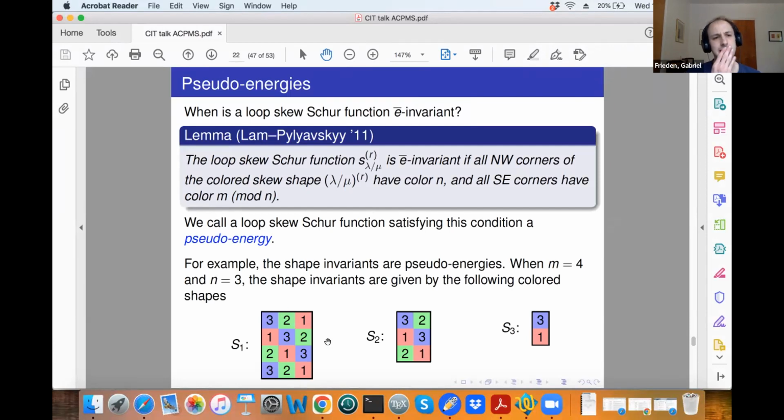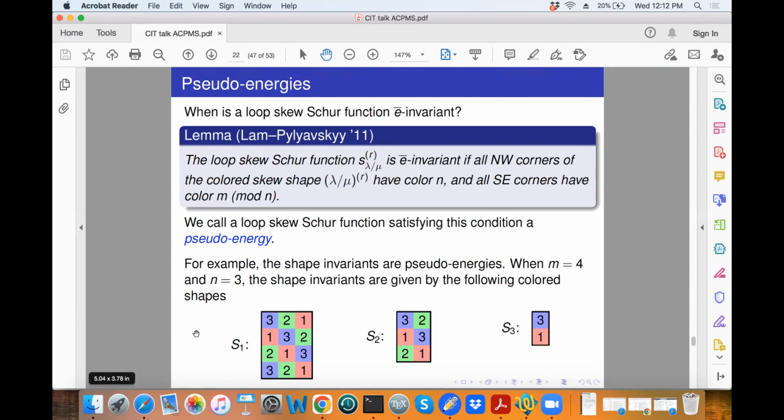Actually, no, that's not what I want to say. I guess the short answer is not really. I don't really have a connection with n-cores. Okay, it's fine.